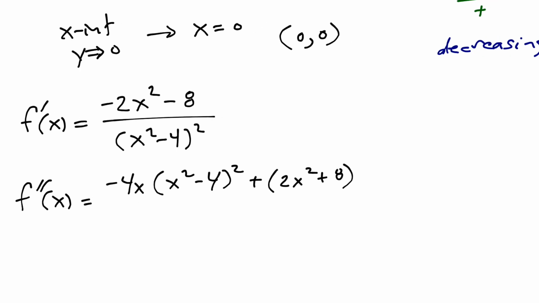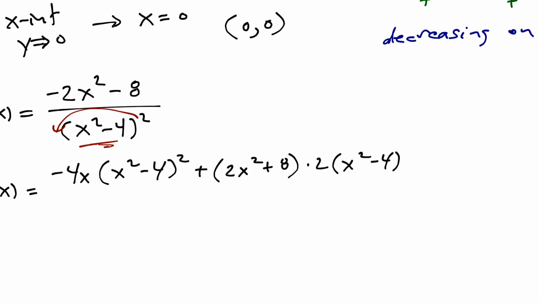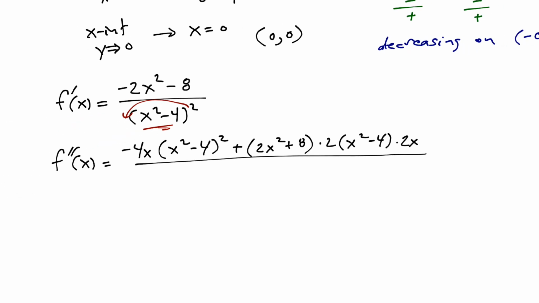And then times the derivative of the denominator, which is 2 times x squared minus 4. Using the power rule, we can bring the 2 to the front. Leave the inside alone for a moment, but then I need to multiply by the derivative of the inside, so I need to multiply by 2x. So that's the numerator of the second derivative.